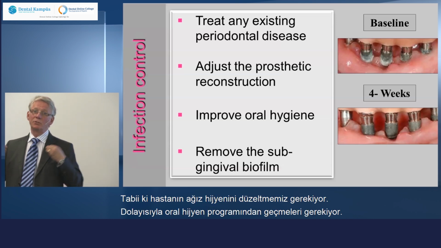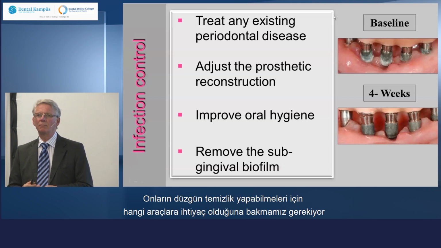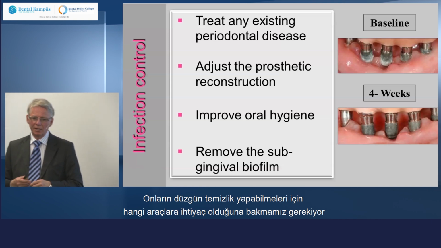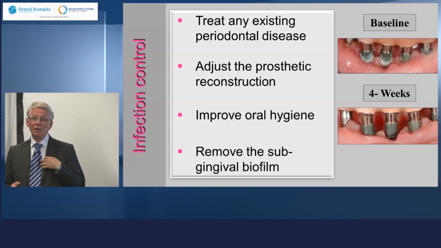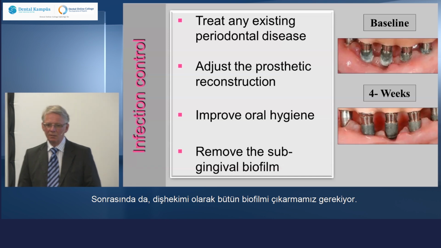Of course, we need to improve the patient's oral hygiene, so they have to go through an oral hygiene program. We have to look at what type of devices are needed for them to be able to obtain a good oral hygiene. And then we, as dentists, are going to try to remove the biofilm.